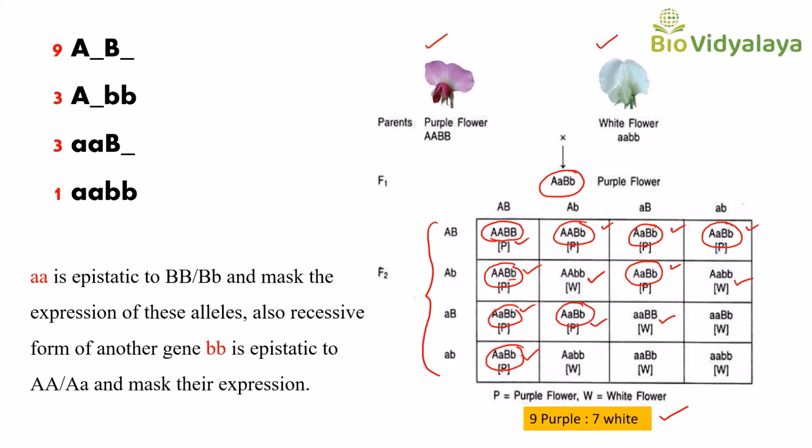That's why here white. Here B is in dominant form but A is in recessive form. So here also white. Here A is in dominant form but B is in recessive form. So here white. Here B is in dominant form but A is in recessive form. So here white, here all the genes are in recessive form. So here also white.